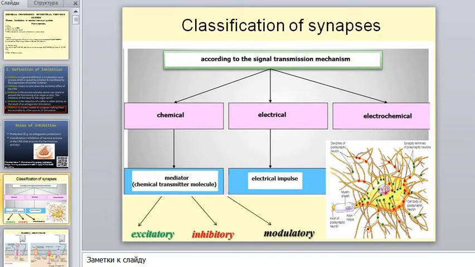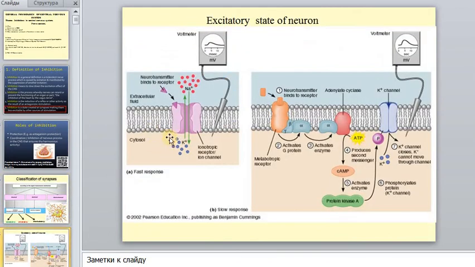At the same time, as you see, one neuron has many different synapses. Here we see red and green colored synapses, excitatory and inhibitory synapses. Let's start with what happens on the surface of the membrane in the excitatory state of a neuron.